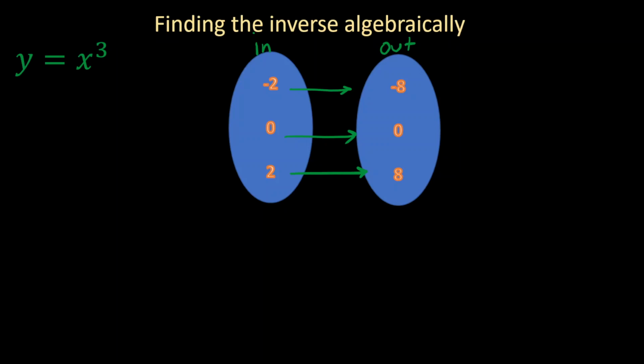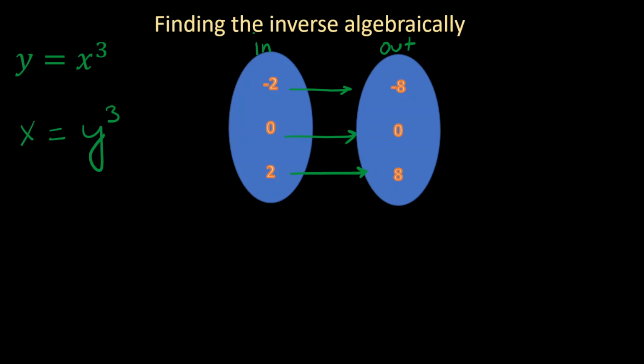So let's go ahead and practice doing that. All that means is that we take each x value and we replace it with the y value. So we have x equals y cubed. And so for this to be still a valid function, we need to make sure that the y is to the first power and without a coefficient.